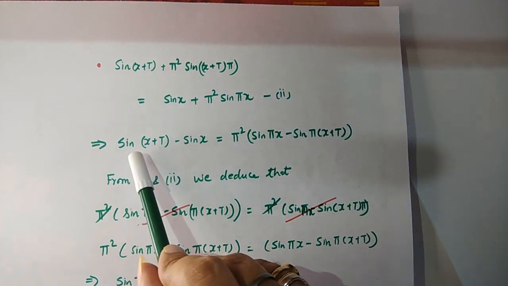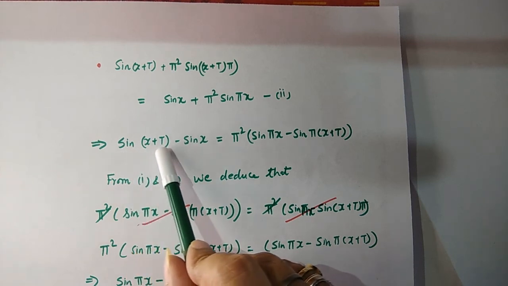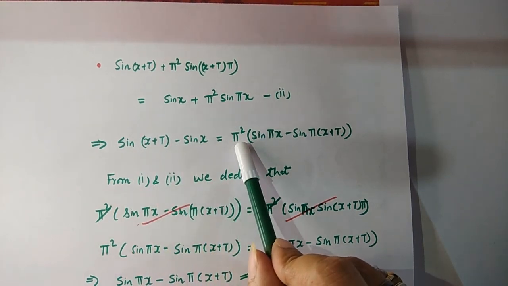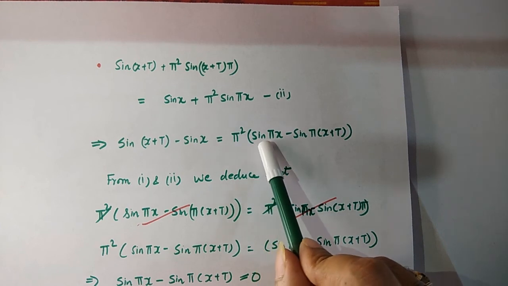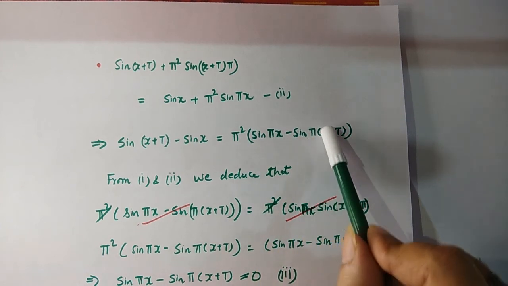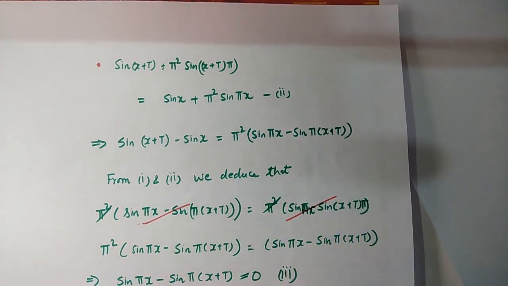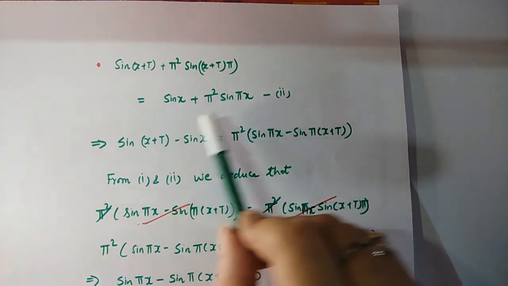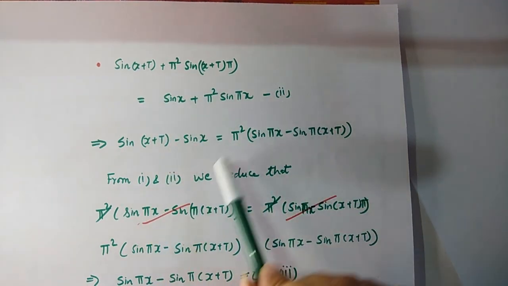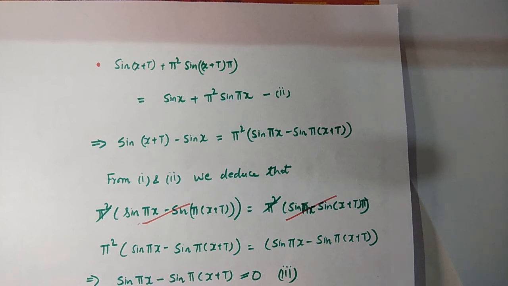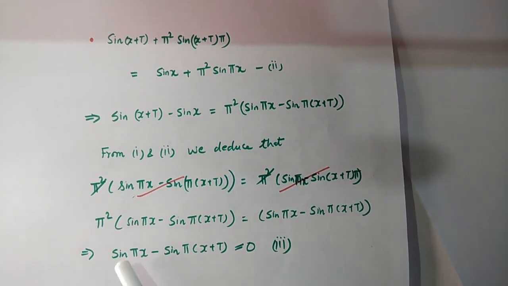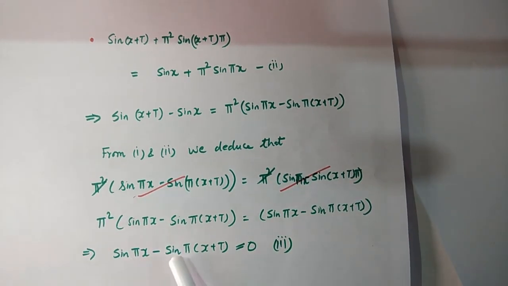Now this implies sine of x plus t minus sine x is equal to pi square into sine pi x minus sine of pi times x plus t. From equations 1 and 2, we can deduce the following: sine pi x minus sine of pi times x plus t is equal to 0.